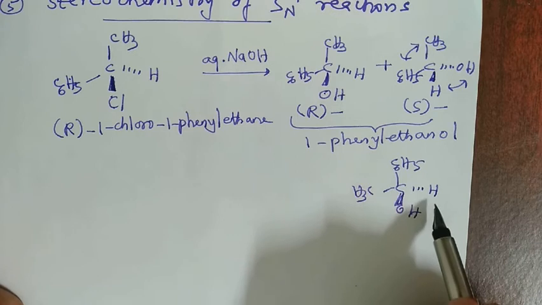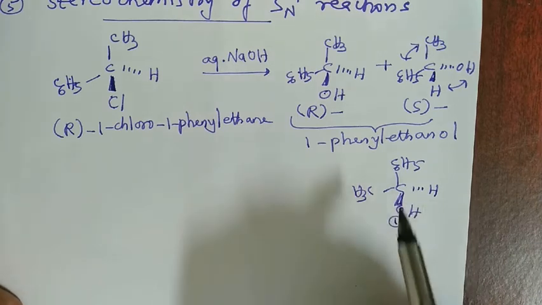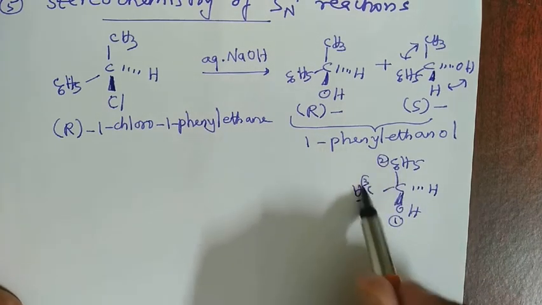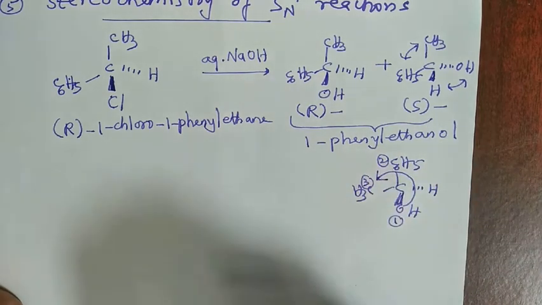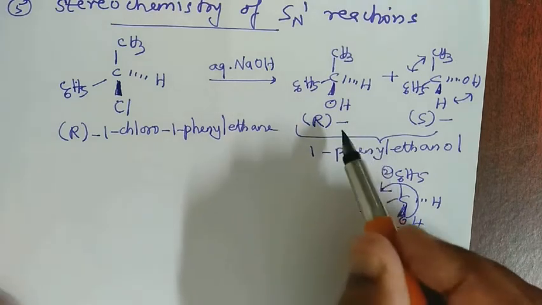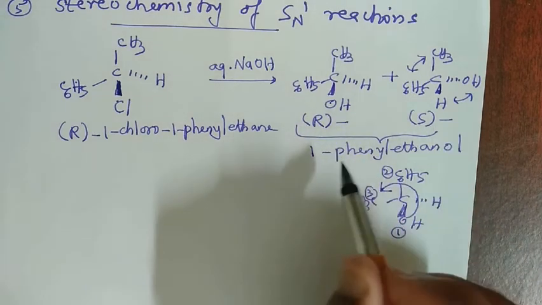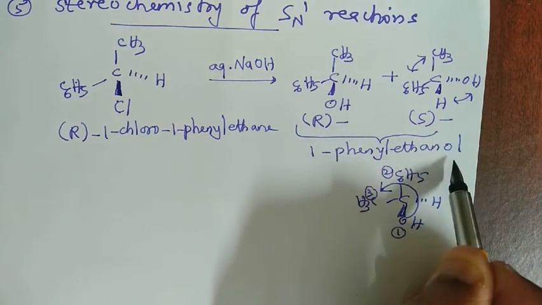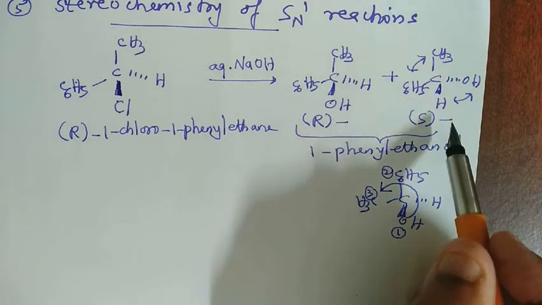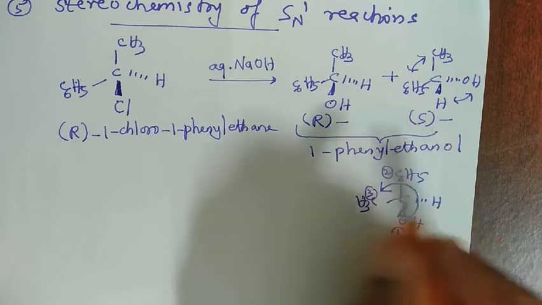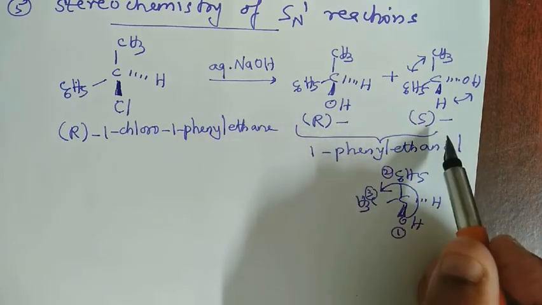Now hydrogen is pointing away from the observer. Now 1, 2, 3 correspond to the S configuration. So the product is R and S isomers of 1-phenylethanol. One compound is dextrorotatory and the other is levorotatory. So the product is a racemic mixture.